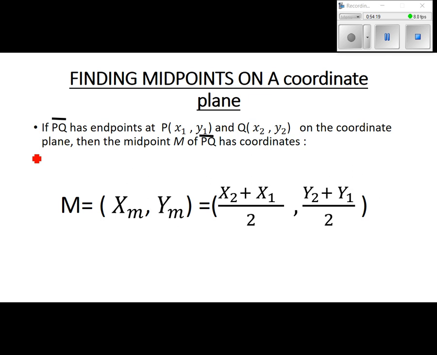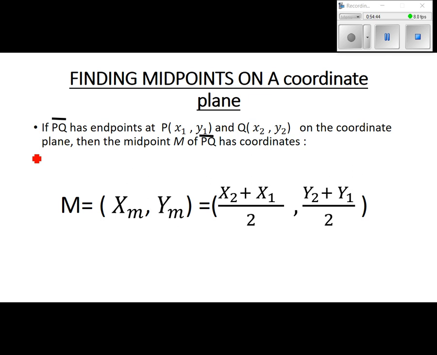Then on the other side, X sub 2, not X squared, X sub 2 plus X sub 1 divided by 2, comma, Y sub 2 plus Y sub 1 divided by 2.